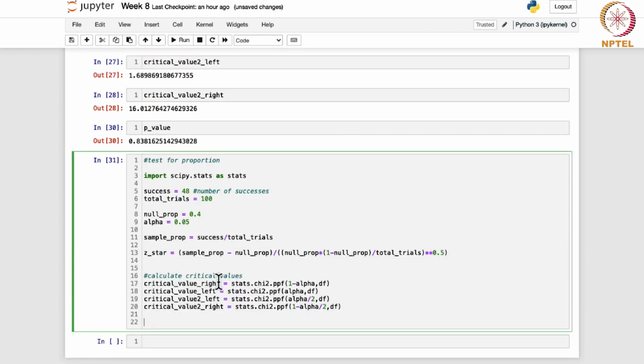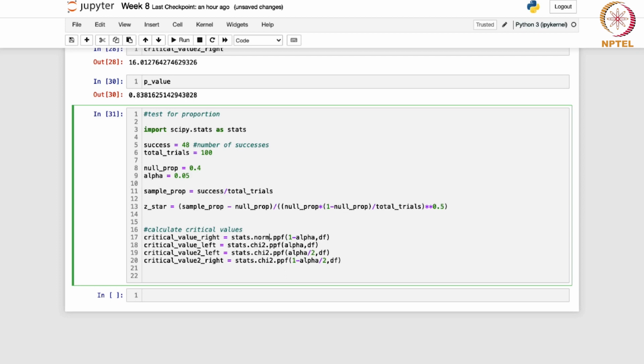So critical values to the right side, it will be stats.norm. We can use norm because it is binomial and we can use the approximation over here. Note that there will be no degrees of freedom. Left, again, we'll just replace your chi-square with your normal distribution, and degrees of freedom will also be removed because in normal distribution we do not have it.